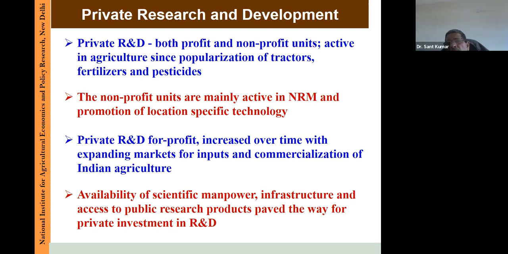Since the spread of tractors, fertilizers, and pesticides, the non-profit units are mainly active in natural resource management and the promotion of location-specific technologies. The private R&D profits have increased over time with expanding markets, basically in the area of inputs and commercialization of Indian agriculture. The availability of scientific manpower, infrastructure, and access to public research products paved the way for the emergence of the private R&D system in this country.